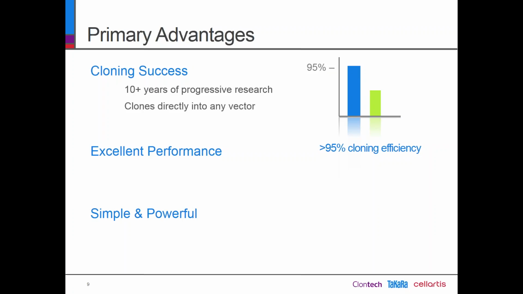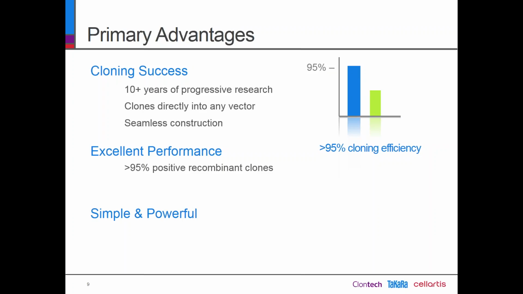You can clone into any vector at any locus to obtain a seamless construct. That's really important. So you don't add any additional bases. The insert will go exactly where you designed it to go. It consistently provides excellent performance as indicated by the high level of accuracy. And so usually you get about or more than 95% positive clones.